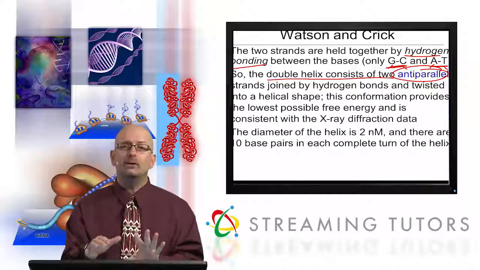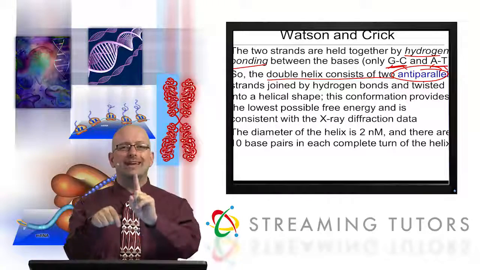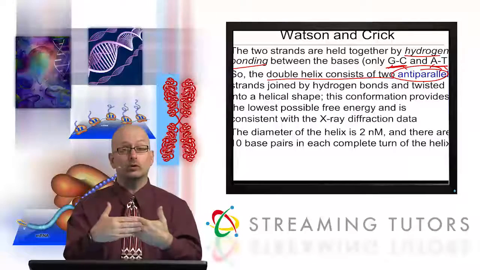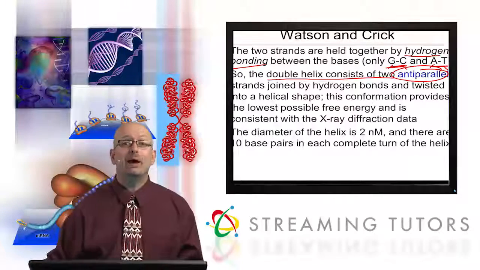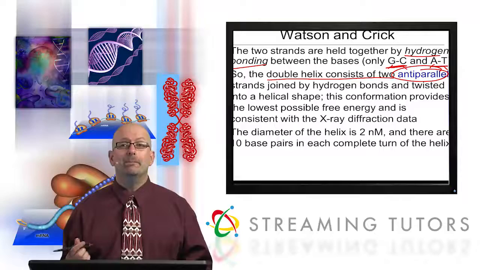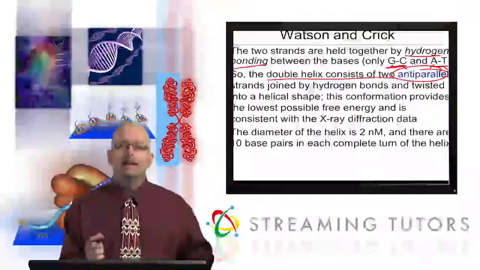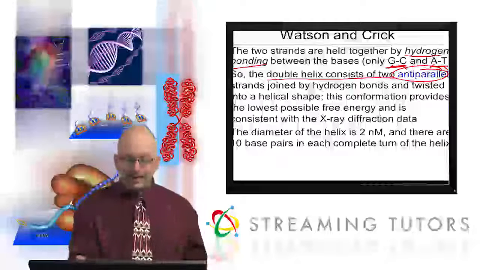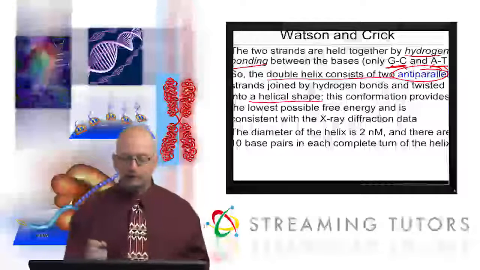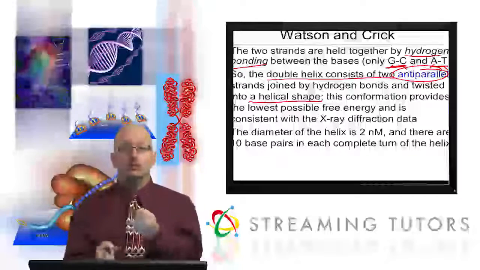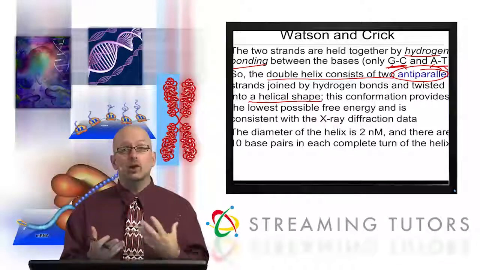And we'll see the picture in a minute, but if that wasn't the case, the bases would not be facing each other, which they have to be in order to engage in this pair bonding, this base pairing via hydrogen bonds. So not only is that the case, but it's all twisted into a very definite helical shape, and that conformation is known now to provide the lowest free energy.